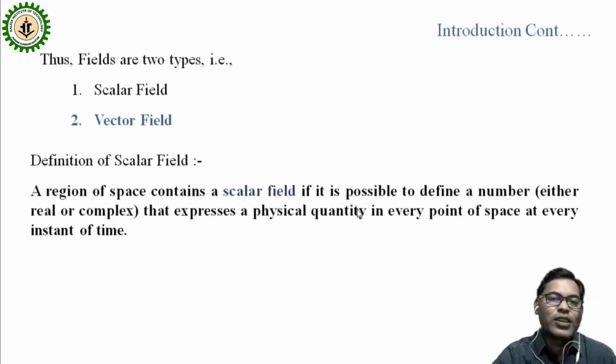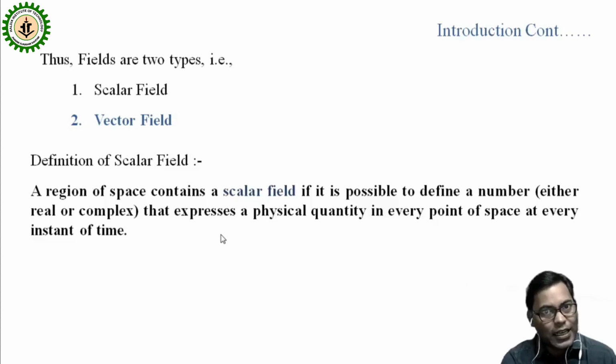Now the definition of the scalar field. The definition of the scalar field says a region of space contains a scalar field if it is possible to define a number, and that number may be either real or complex, that expresses a physical quantity.